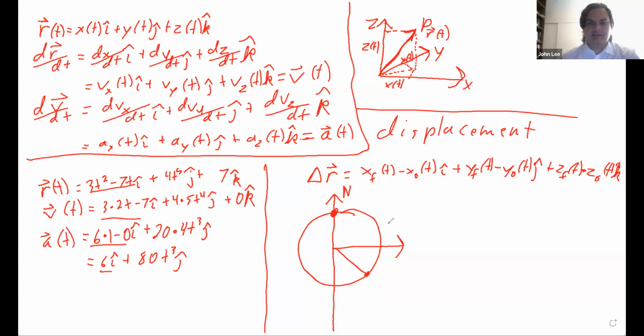It can be the east direction, it can be the west direction, it can be some combination of them. So as long as you're looking at this two-dimensional slice of the globe, then you have these two vectors, and you want to find the displacement vector between the two of them.